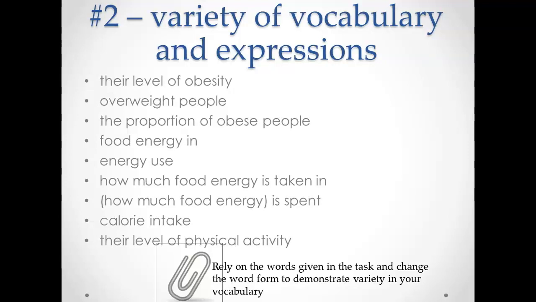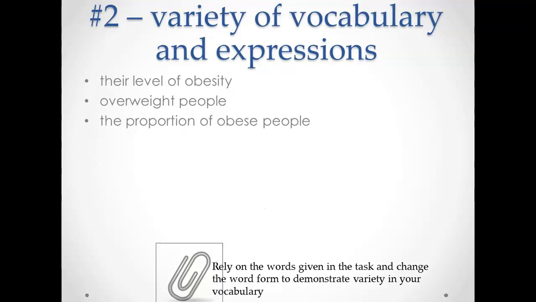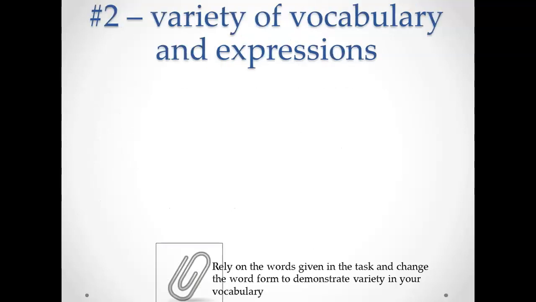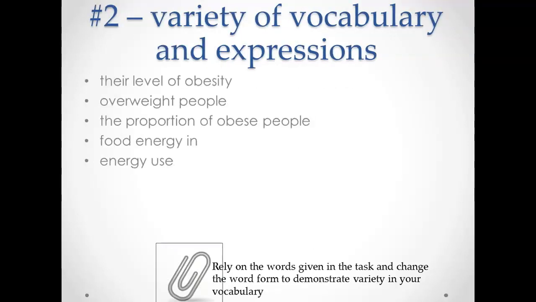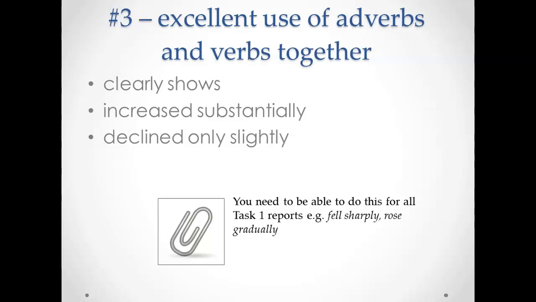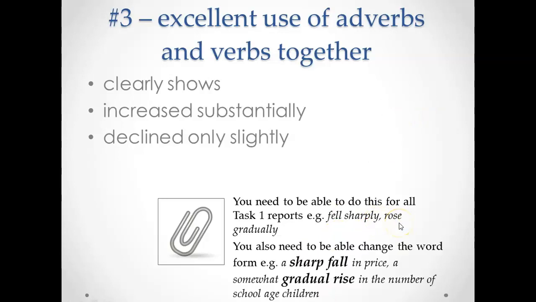So firstly, we had comparatives and superlatives were excellent. Then we had a variety of vocabulary and expressions. Number 3 is excellent use of adverbs and verbs together. You need to be able to do this for all Task 1 reports, not just line and bar charts. Clearly shows increased substantially, declined only slightly, or down here, fell sharply, rose gradually.